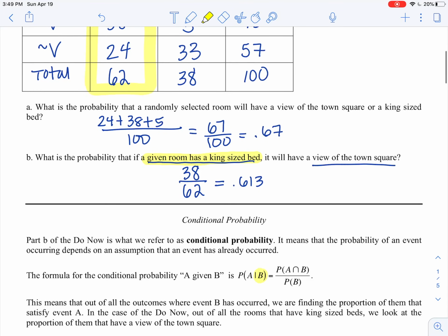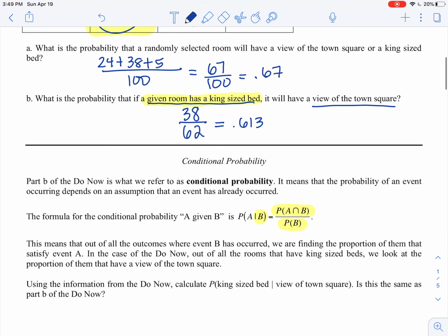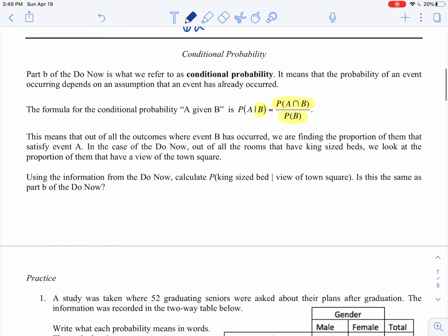In this case, it was a king-size bed. I would say, out of those king-size beds, I'm going to take the overlap and divide it by the chances of having a king-size bed. That's basically what's happening here. But again, I like to look at it more in terms of what's the total in that column, how many are in the overlap, and then I make those into a fraction, and that gives me my probability.